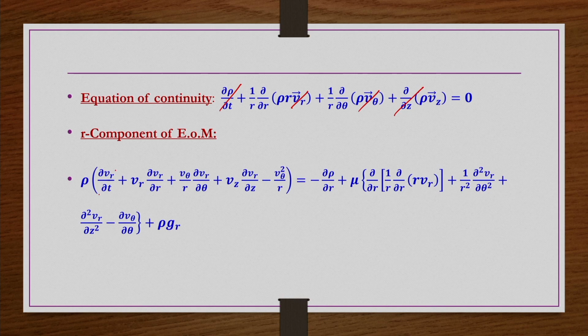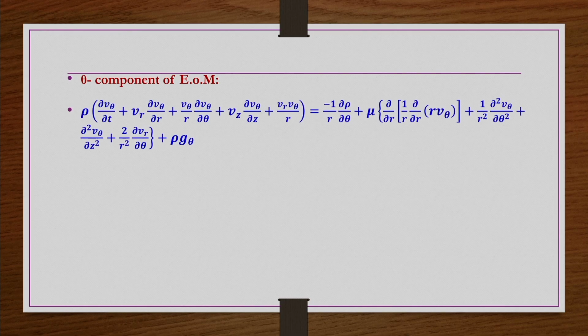Steady state, so that term is 0. Vz is there, but Vr and V theta are not there. Pressure in general we do not know. So, all these three terms are not there, V theta is also not existing, gravity we are not taking, horizontal pipes we are taking. So, pressure is not a function of R.